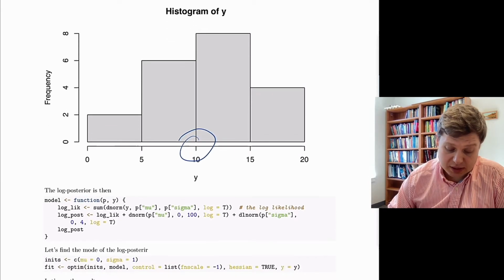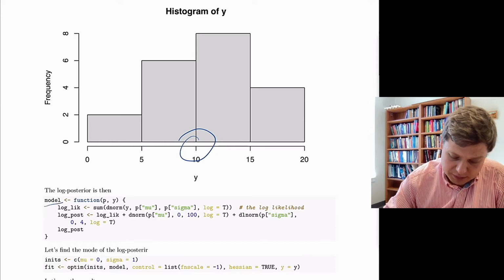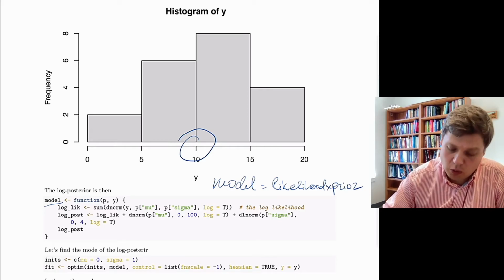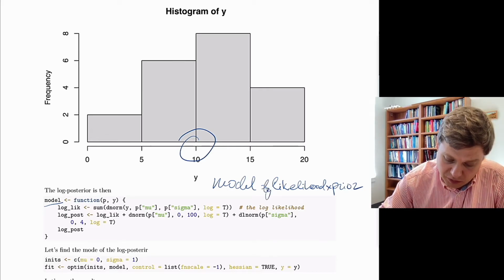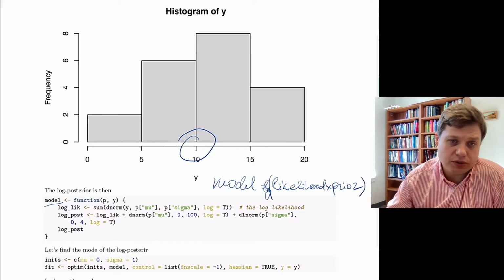And so let's do the calculations. We're going to call this function model. So model will just calculate the log likelihood times the prior. So log of the likelihood times the prior, and it's going to be proportional to the log posterior.